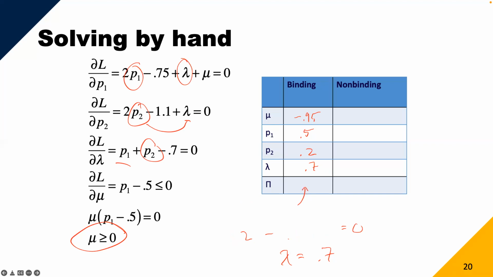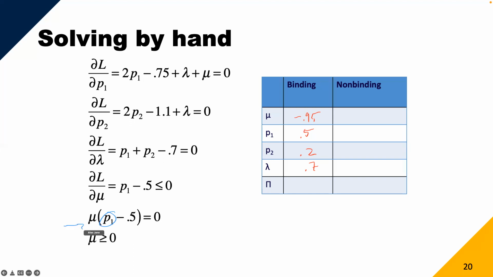And what I'm going to do is compare that against solving it in the non-binding way, where instead of P1 equaling 0.5, I'm going to have my mu equal 0.